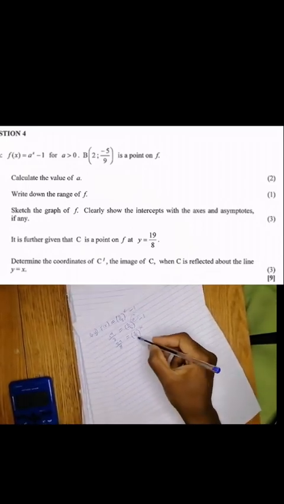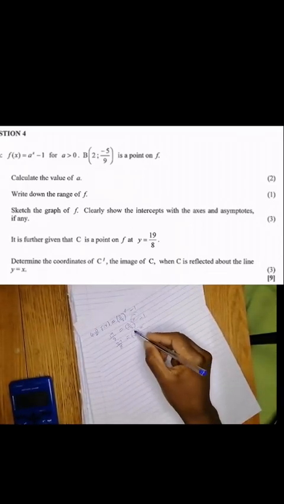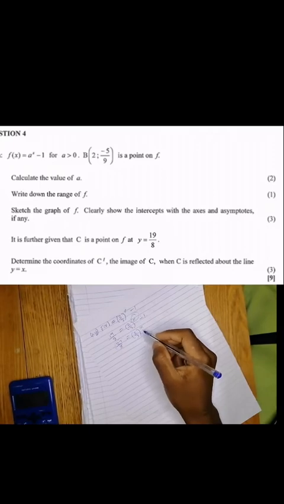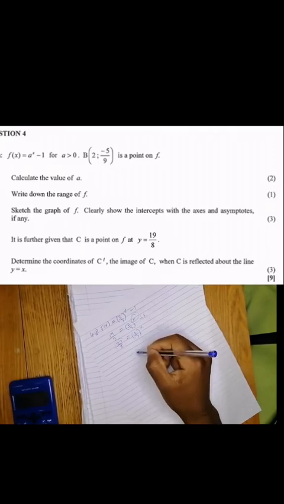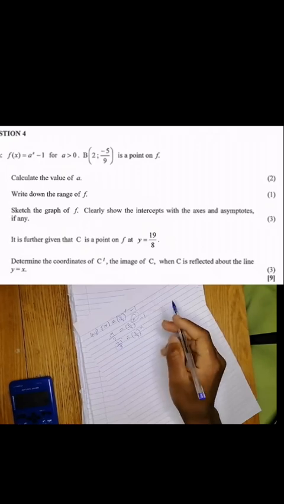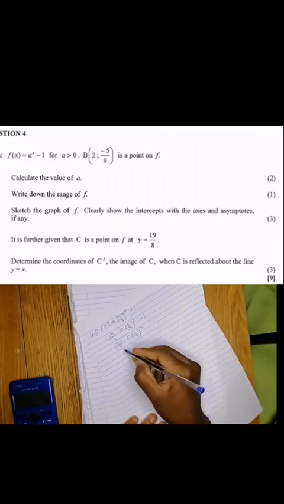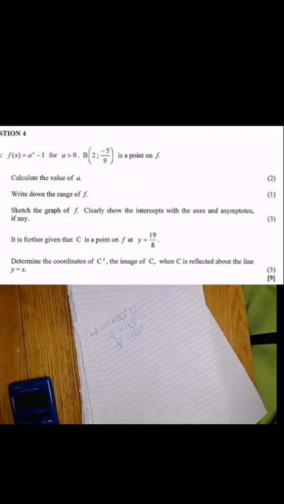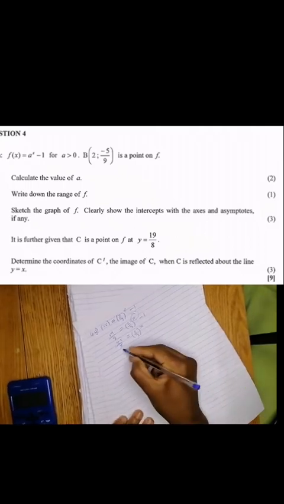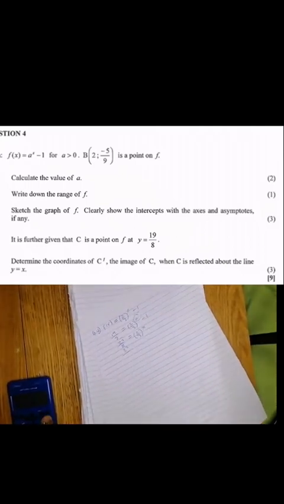So now, since we have something like this, how can we solve it? Okay, in this instance, guys, we're going to say 3 to the power 3 equals 27. It's going to be 3 to the power 3 over 2 to the power 3.